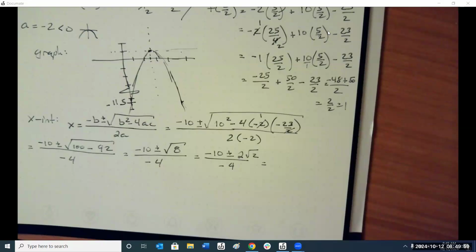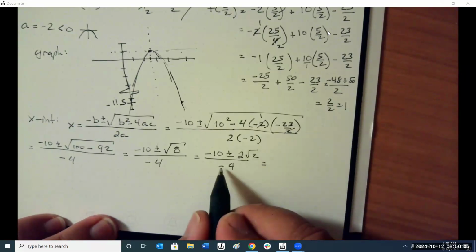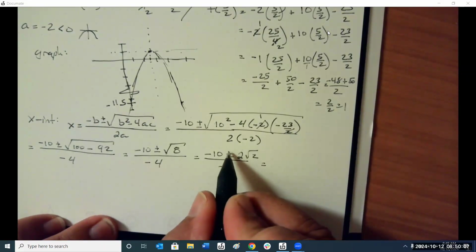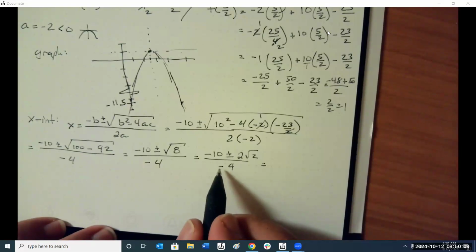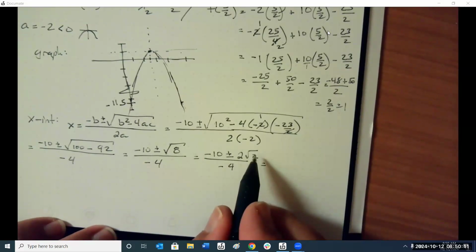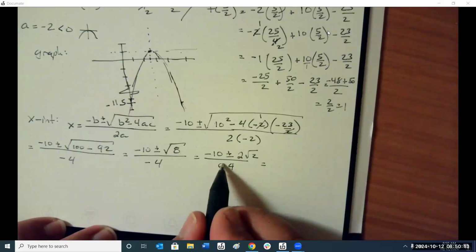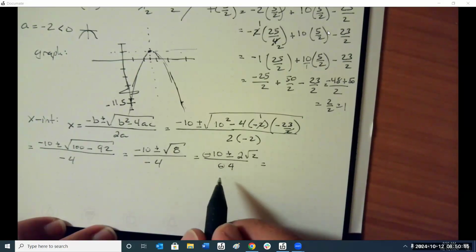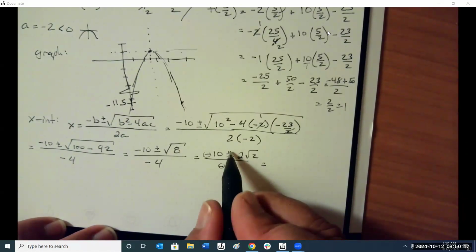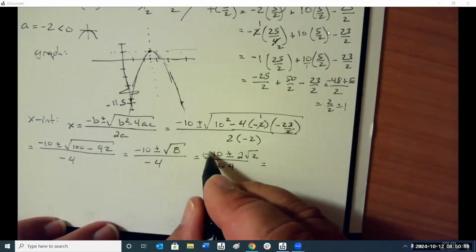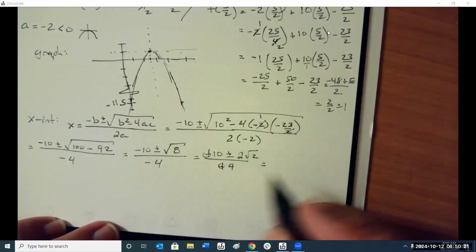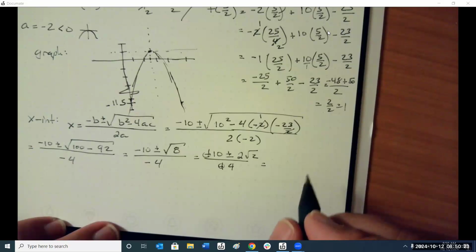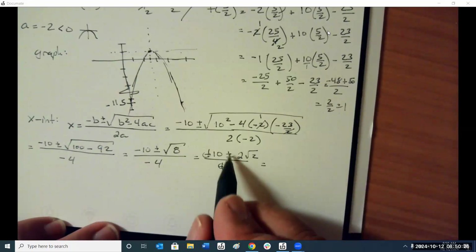Okay, first, let's look at the signs. What's going to happen here is because the bottom's negative, I have to change all the signs on top, because this one cancels with this one. So it changes the positive to negative, negative to positive. The only thing that changes is that first sign, because the opposites will stay the same.